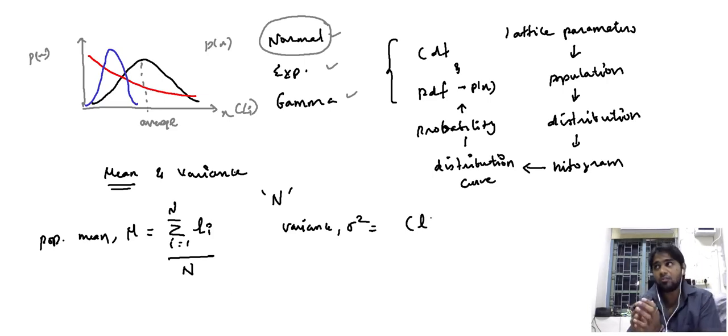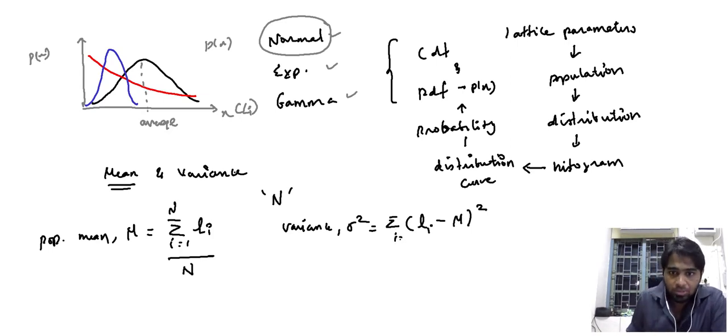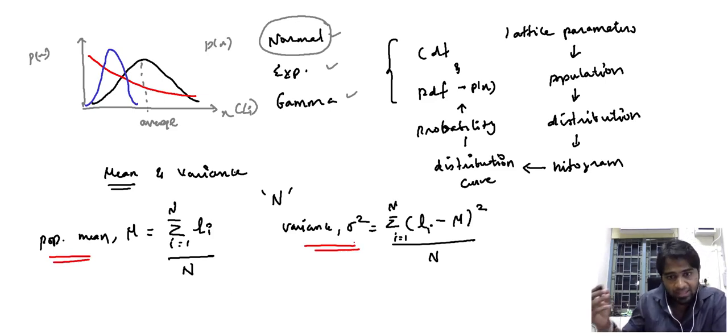We want to know how spread out the observations are from the mean. So you consider the difference between the individual lattice parameter and the mean, square it, do this not for just one member but for all the members ranging from 1 to n, and take the ratio with respect to the entire population. So this gives us the features that characterize the normal distribution, that is, the mean and the variance.